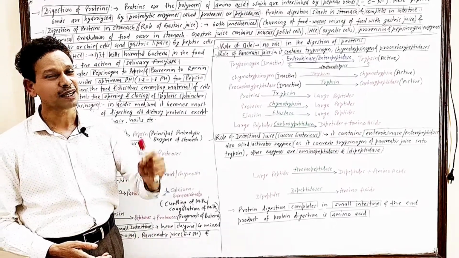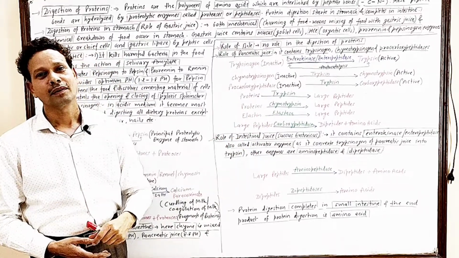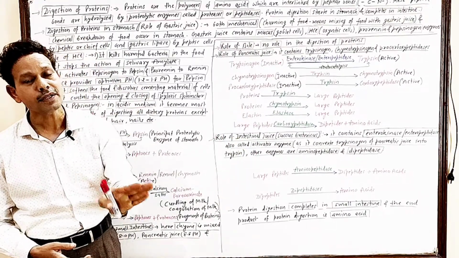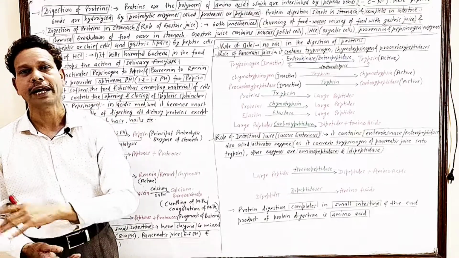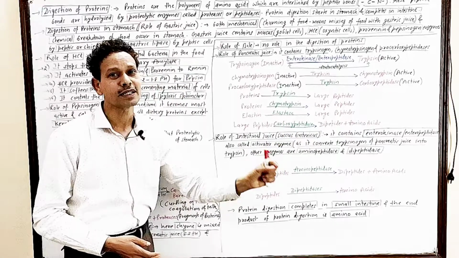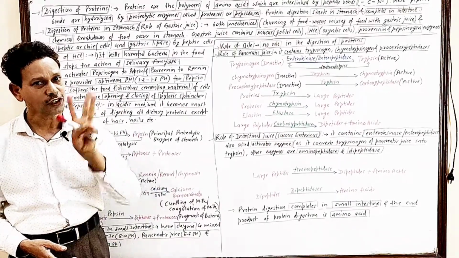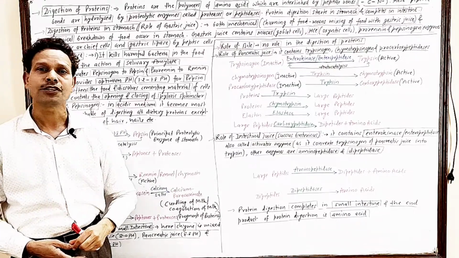Dear students, the last important point is the role of intestinal juice in protein digestion. This intestinal juice, Succus entericus, contains three enzymes for protein digestion.